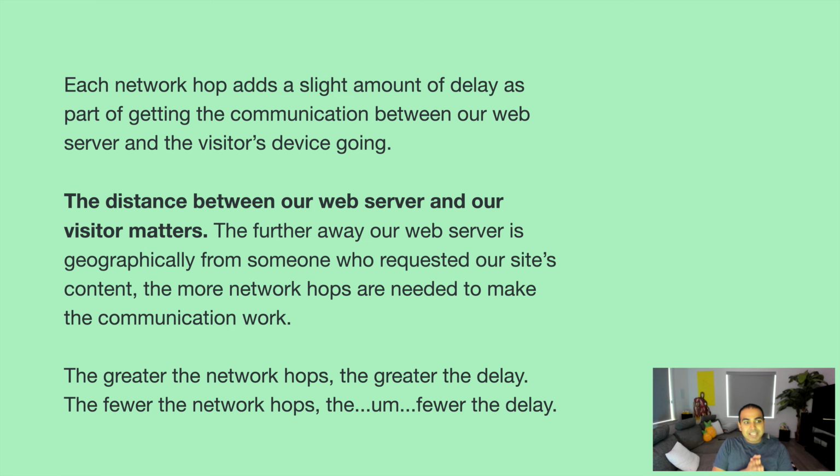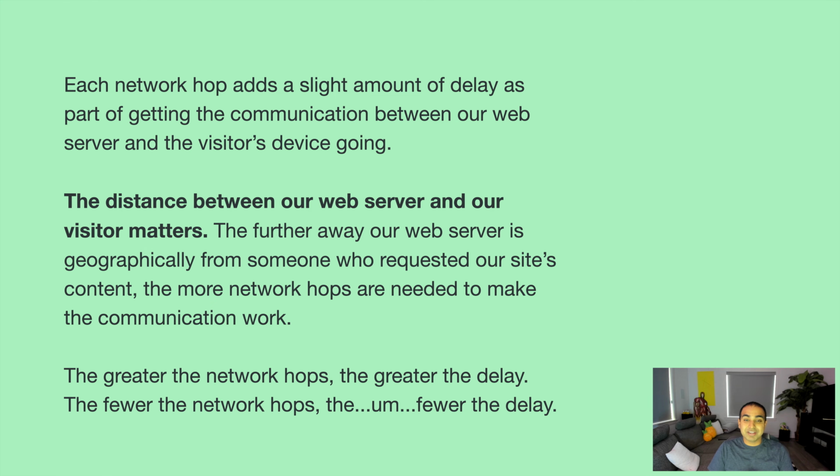Now, each network hop adds a slight amount of delay as part of getting the communication between a web server and your visitor's device going. And this is where the distance between a web server and a visitor really matters. Similar to the pizza example, the further away a web server is geographically from someone who requests our site's content, the more network hops are needed to make the communication work.